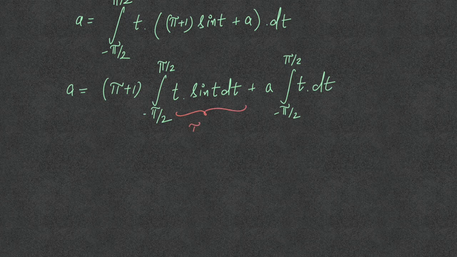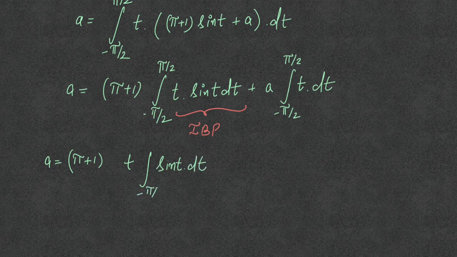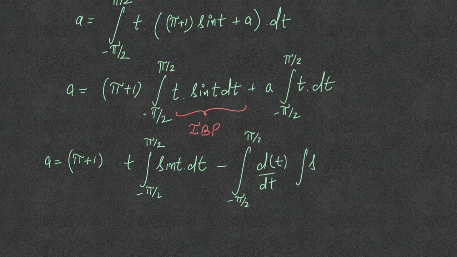Using integration by parts here, a is equal to (pi plus 1) times: first function, integration of the second function, limits from minus pi by 2 to plus pi by 2, minus the whole integration from minus pi by 2 to plus pi by 2 of the differentiation of the first function, which is t here, again integrating the second function, and whole with respect to dt.